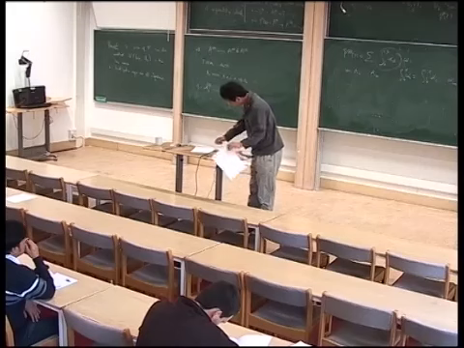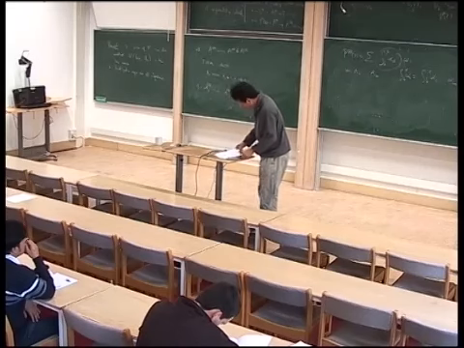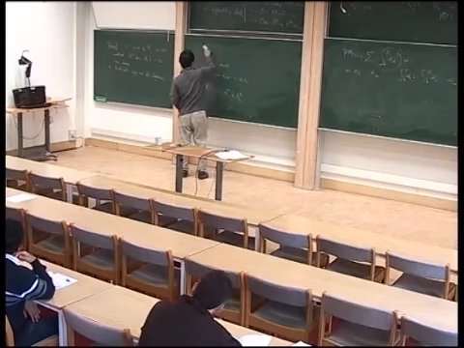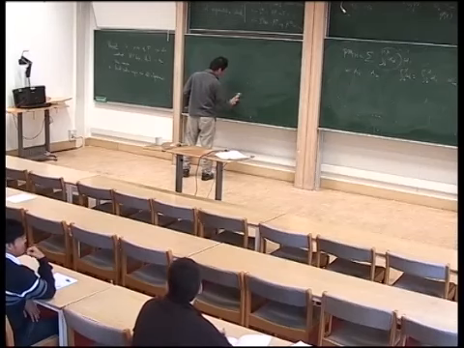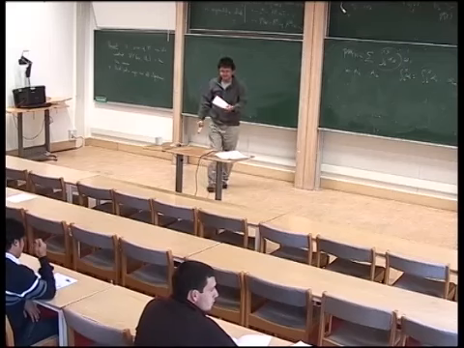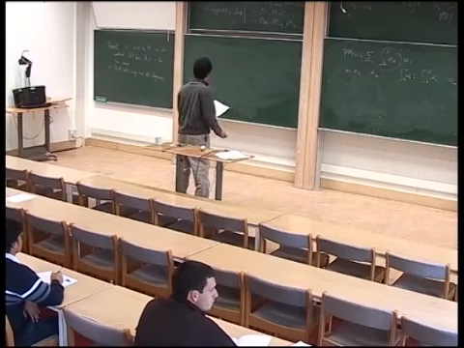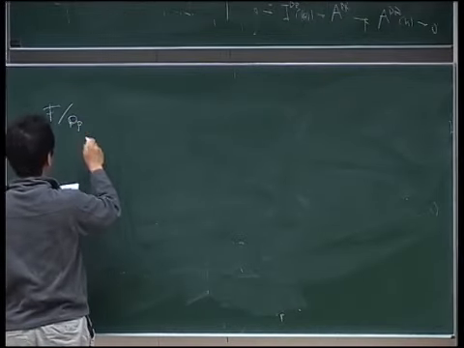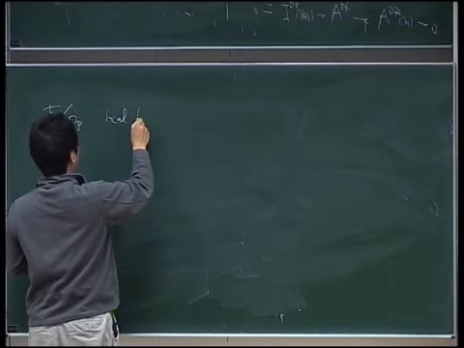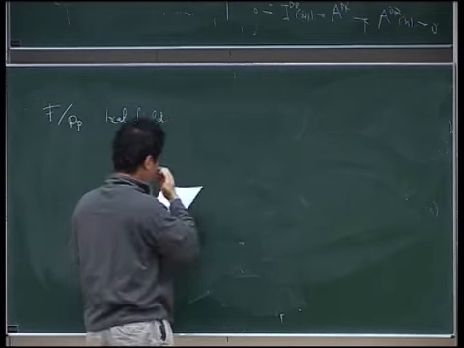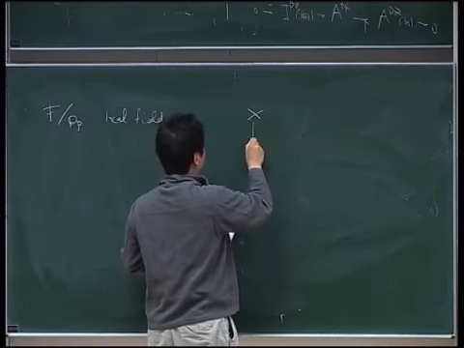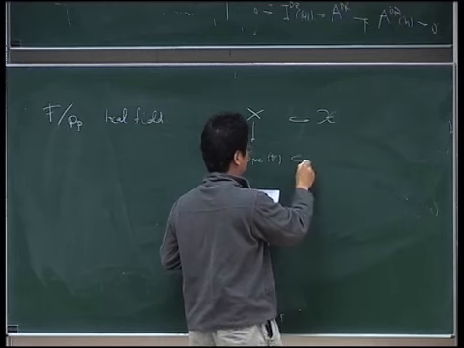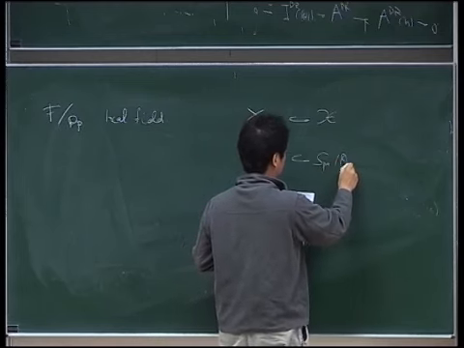Okay. Now let's go back to the arithmetic case. Now F over Q_p will be a local field. And here's the setting. X is a smooth variety over Spec F, which sits inside a smooth scheme over Spec O_F.